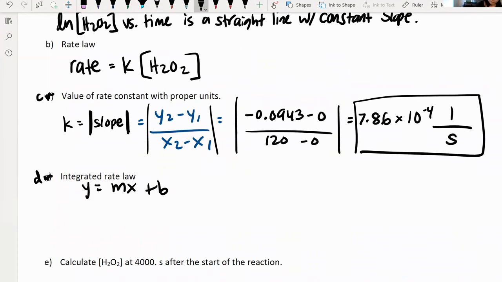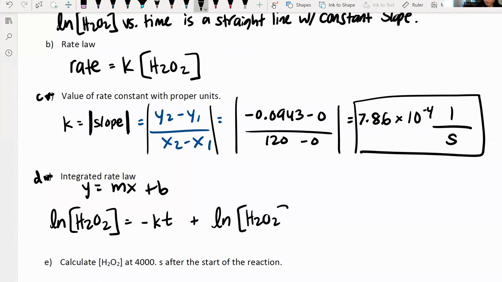All right, so here we go. On our y-axis for first order, we have natural log of the concentration of our reactant. That will be equal to negative k, times the x-axis, which is time, so lowercase t, plus the natural log of hydrogen peroxide at time 0.